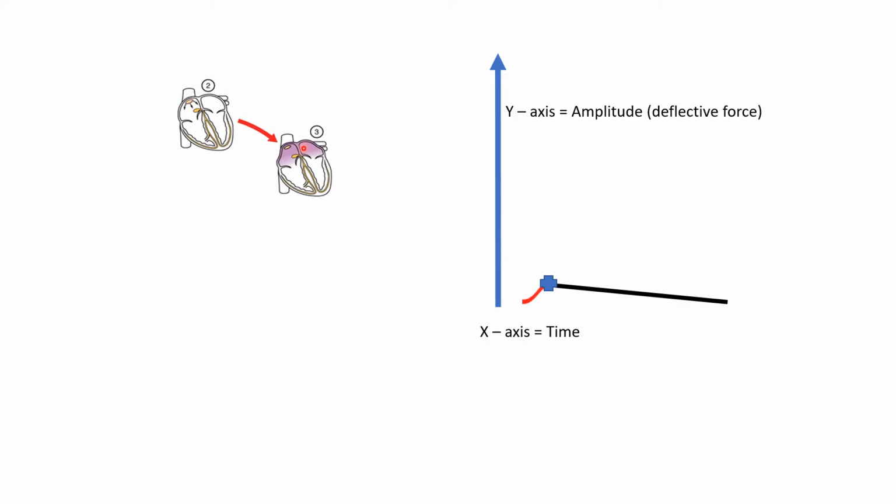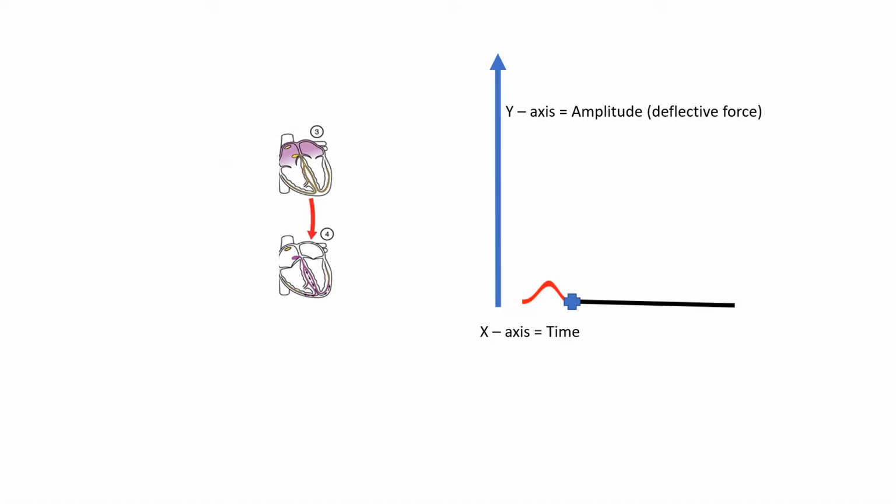The atria depolarize. Ions move across membranes. Current generates force. Force which is moving overall downward and to the left towards my electrode, which then deflects the electrode upward, creating the morphology of a P wave from atrial depolarization. It then falls back down to its isoelectric point after the depolarizing current has stopped.